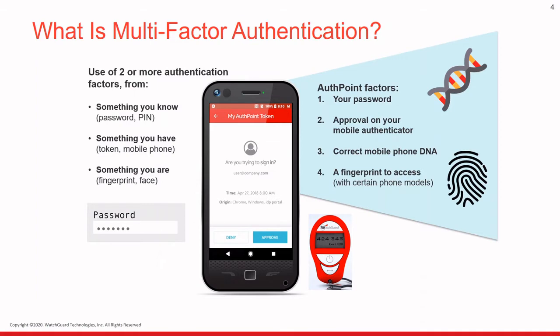The DNA of the phone is an extra security measure that's being taken, and I'm going to talk about it in more detail. And the fingerprint to access is available with some phones. If your phone supports fingerprint or face detection, such as an iPhone, then that's available, or the user can use a hardware token.